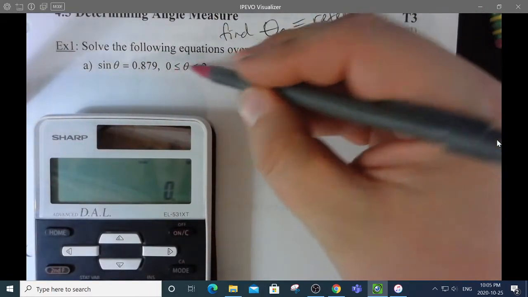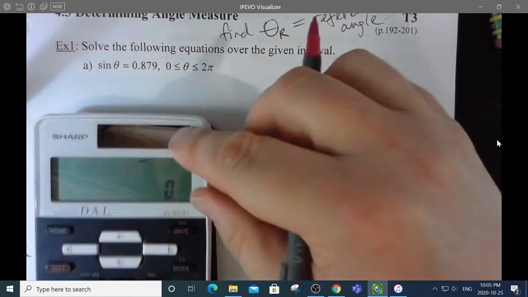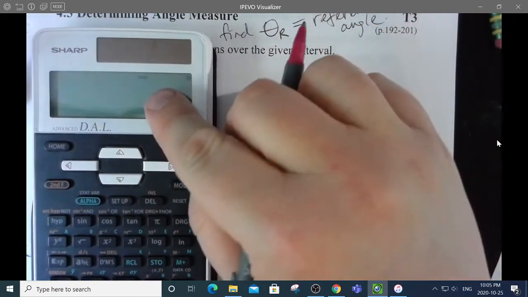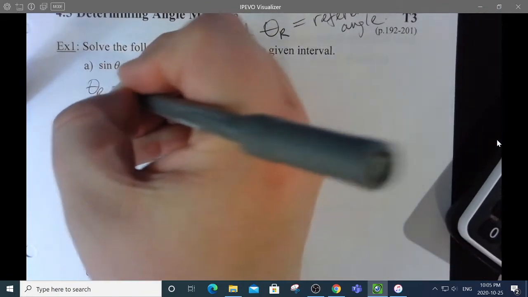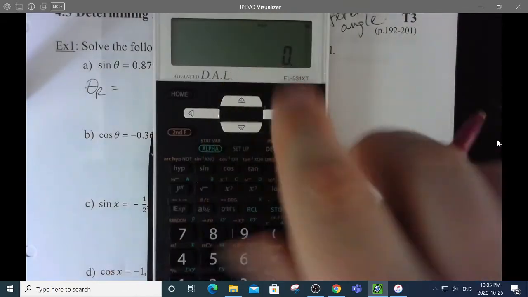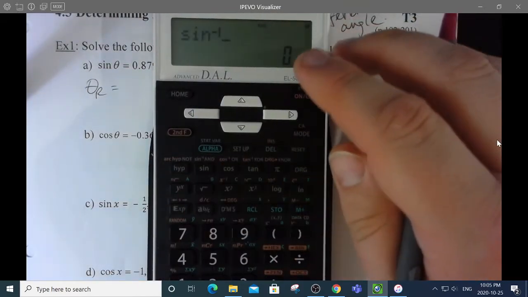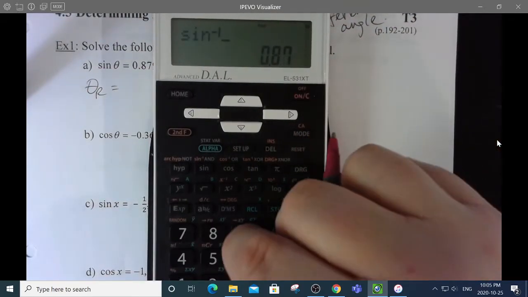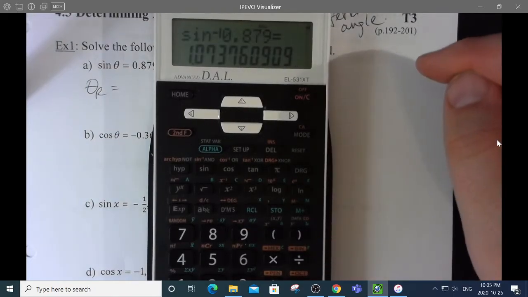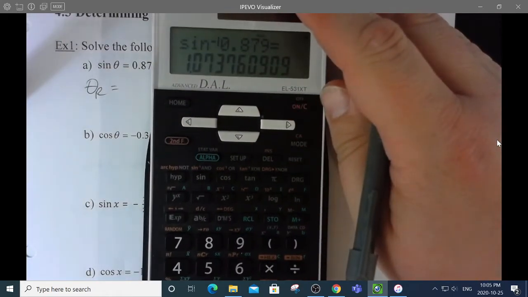We want an angle in radians, because this says 2 pi. So I'm going to go up to my calculator and get back to radians. Oh, I already am. Good. And then I'm going to find the reference angle. So theta r is the reference angle. So inverse sine of 0.879 is 1.0738.